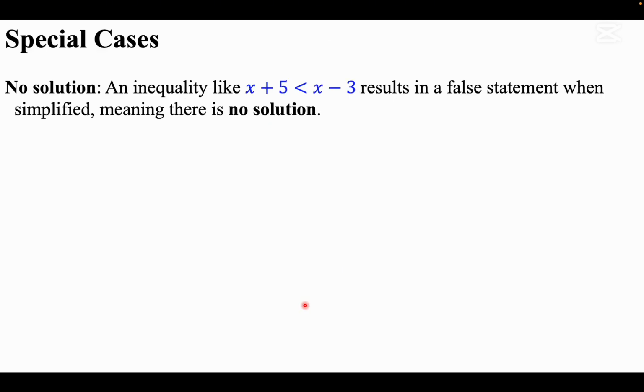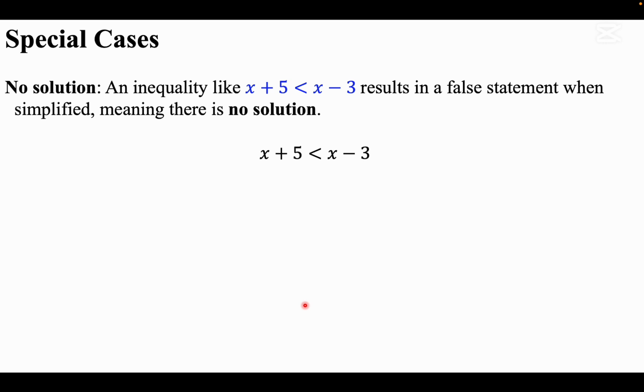And then we have special cases. We have no solution. Well, an inequality like x plus 5 less than x minus 3 results in a false statement. So when you solve the inequality and you end up with a false statement, then the inequality has no solution. And what do we mean by that?